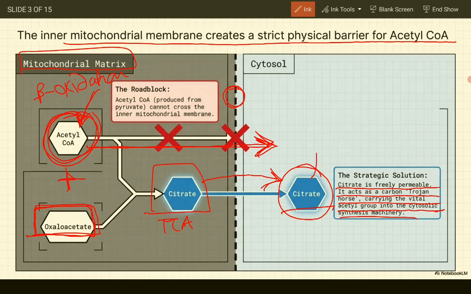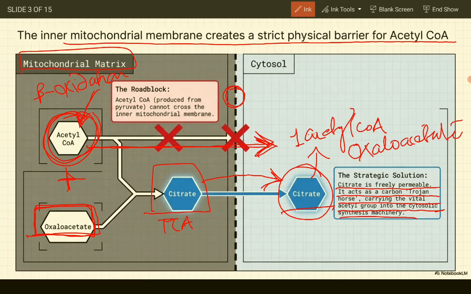Once inside the cytosol, it will once again be converted into 1 acetyl CoA and oxaloacetate. Right? So that is how acetyl CoA comes out into the cytosol, because the biosynthesis actually occurs inside the cytosol.